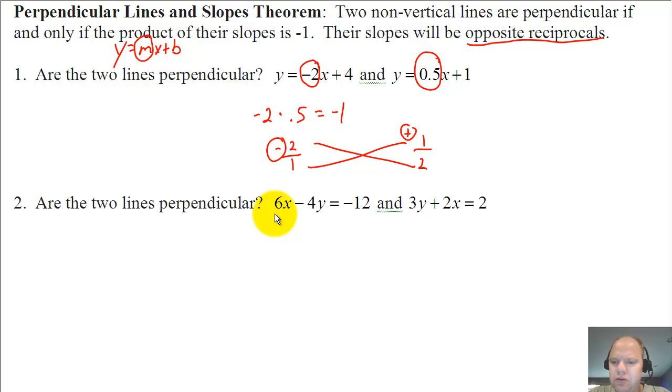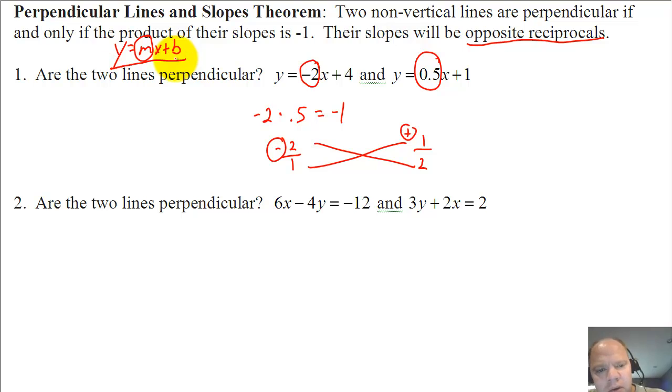Example number 2 is just a little bit harder. Instead of having the equations for our lines written in slope-intercept form, we don't have that anymore. So in order to check to see if they're perpendicular, we first need to write them in slope-intercept form. I'm going to take this first equation and solve it for y, because we want it to look like this right up here.